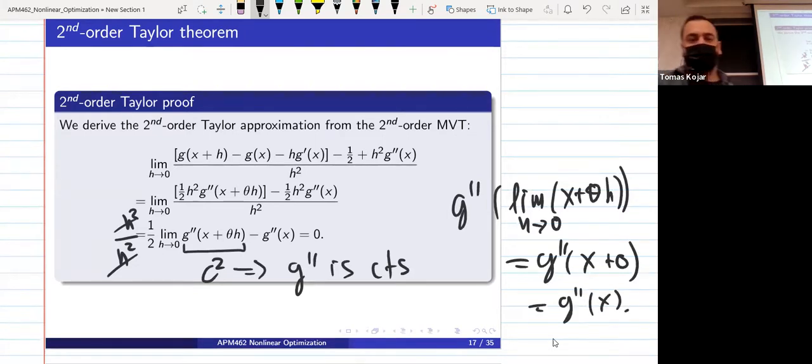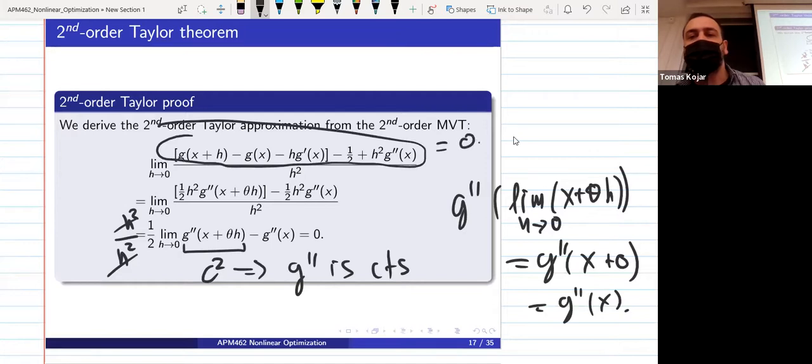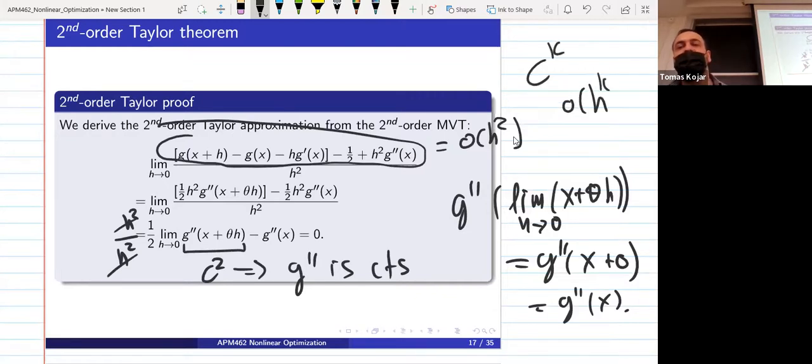All right, so that proves that the guy on top here decays like o(h squared). And if you give me C^k, I will prove you o(h^k). That's basically the game. We're not going to use this, of course, but the more derivatives you give me, the better approximation I can do.